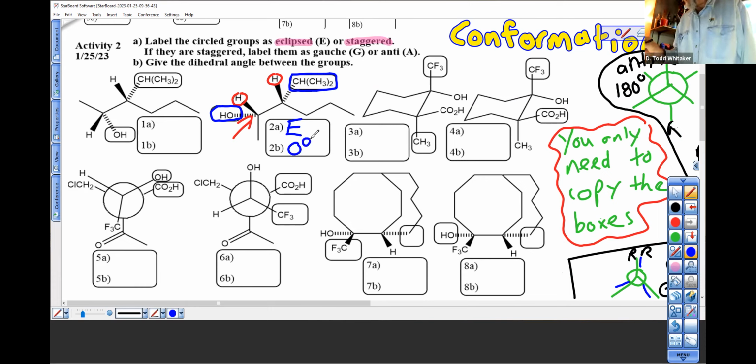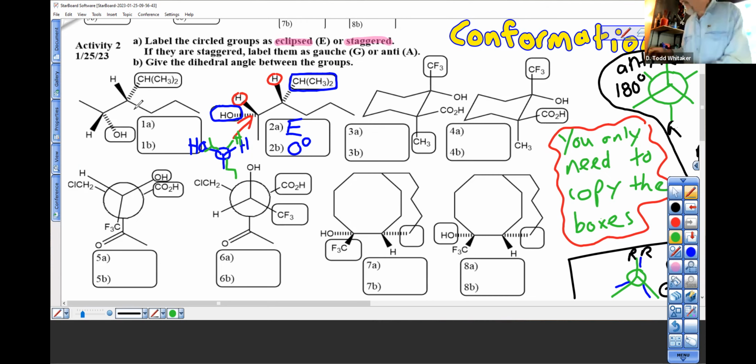If you're looking at your eyeball there, to your right will be this H, to your left will be the OH, and to your left in behind will be the isopropyl, and to your right in front will be the H on top of the other H. This is behind, sorry. And the rest of the chain is here. So this is what you get when you look at it along that bond.